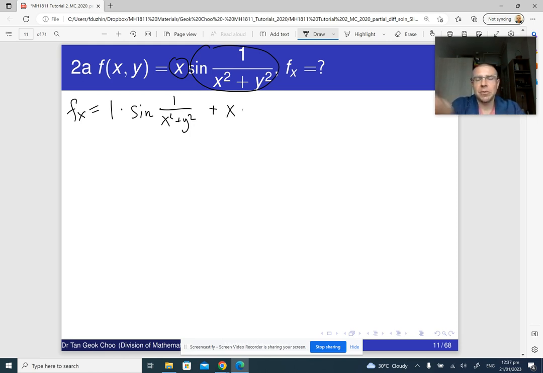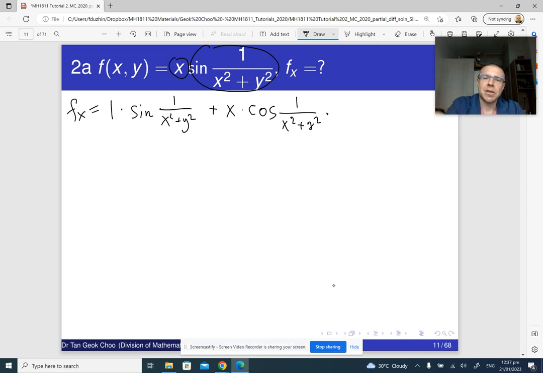The second one we've got to differentiate by the chain rule. First we differentiate the sine, so we get the cosine of 1 over x squared plus y squared. Now we need to differentiate the argument of the sine, 1 over x squared plus y squared.